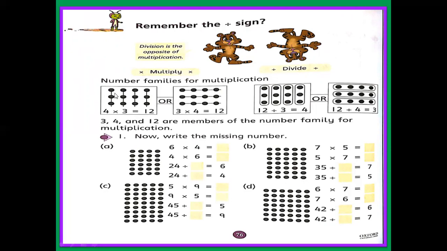Look at this one: 1 2 3 4 columns multiply 1 2 3 rows. So 4 multiply 3.